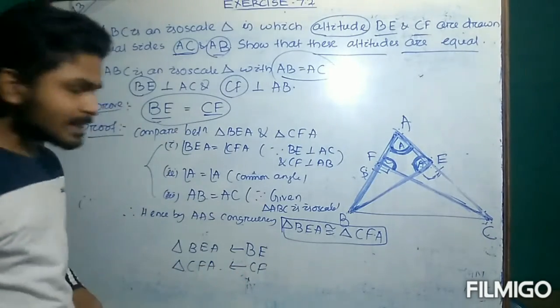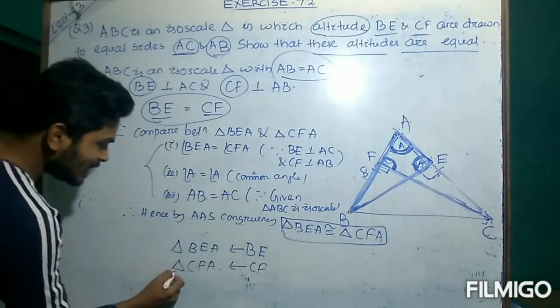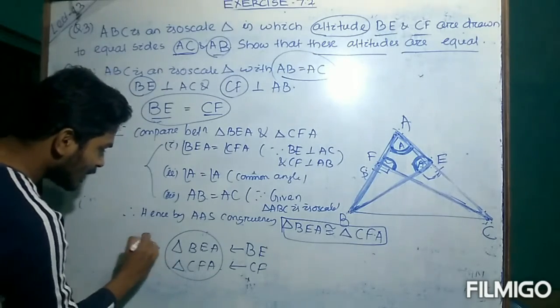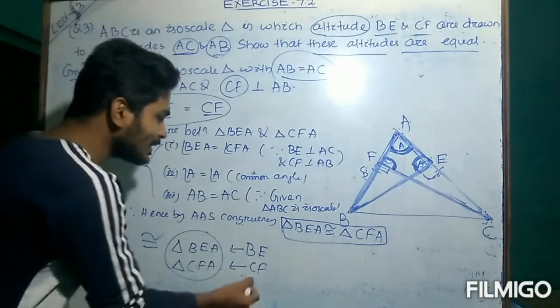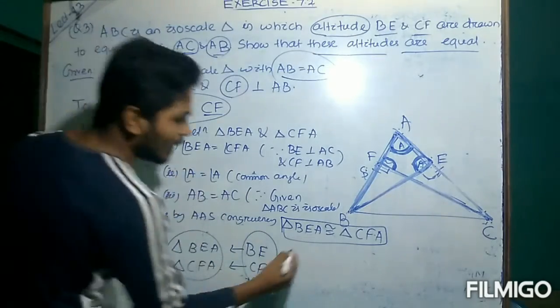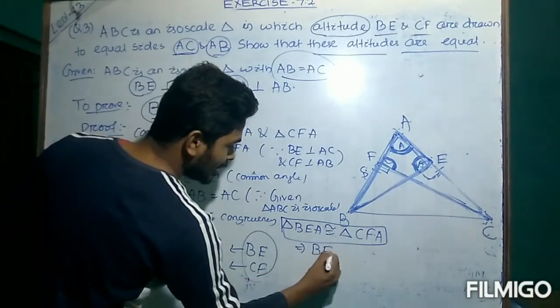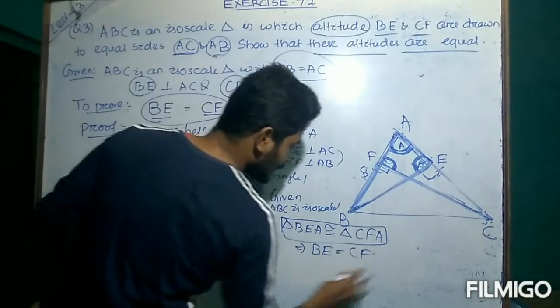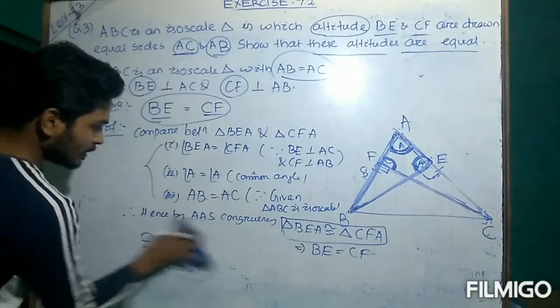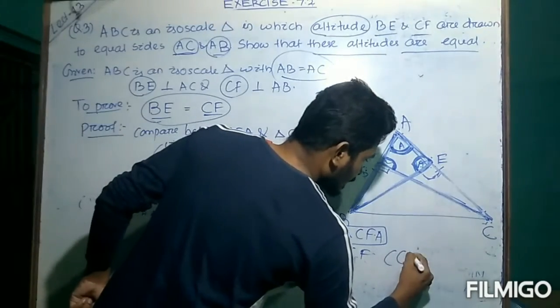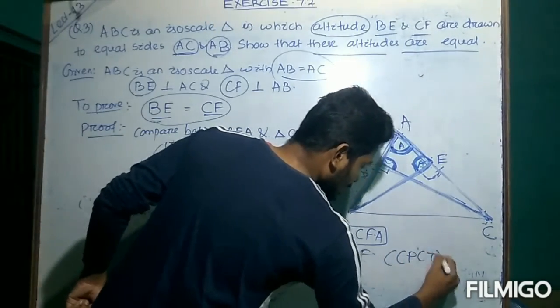Yes or no? Yes. What have we found? We have found that these two triangles are congruent. Hence, we can write that their sides must be equal. This implies BE is equal to CF. Understood? This is by Theorem 7.2 or CPCT.